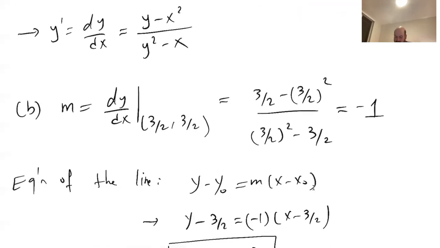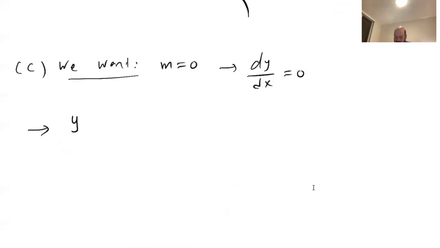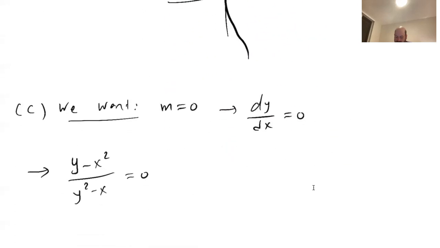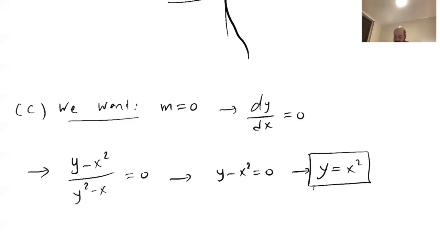And then (y minus x squared) divided by (y squared minus x) equals 0. Therefore, if a fraction is 0, then the numerator has to be 0. So then y minus x squared equals 0. That gives y equals x squared.